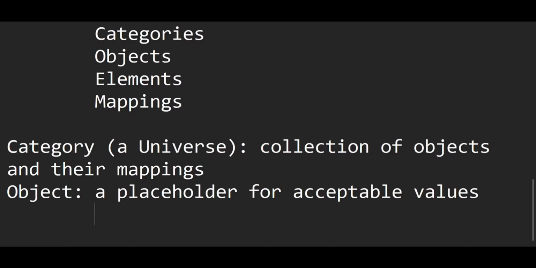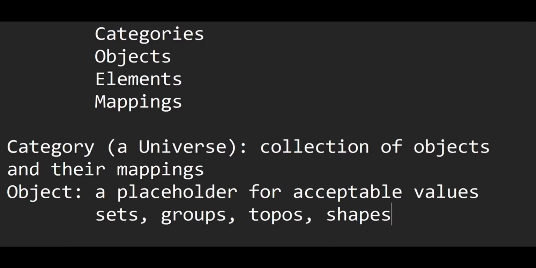There are some specific types of objects, so for example, there are sets, there are groups, there are topos, there are shapes, but in reality, an object can be whatever you define it as.